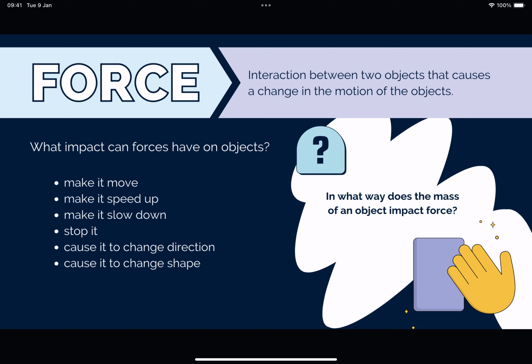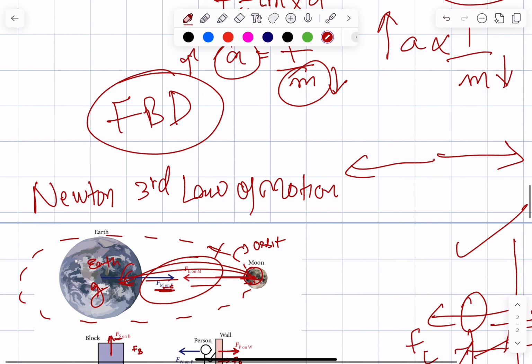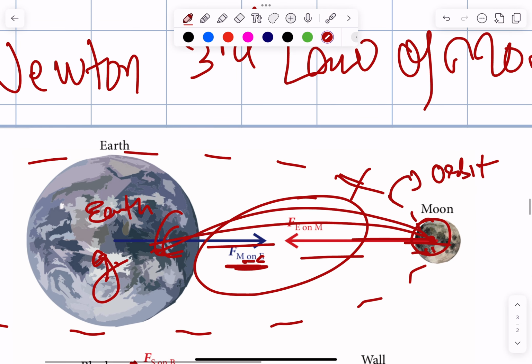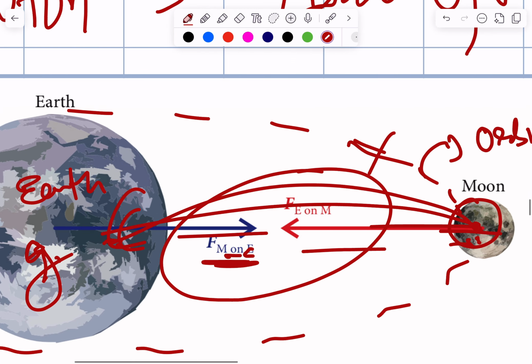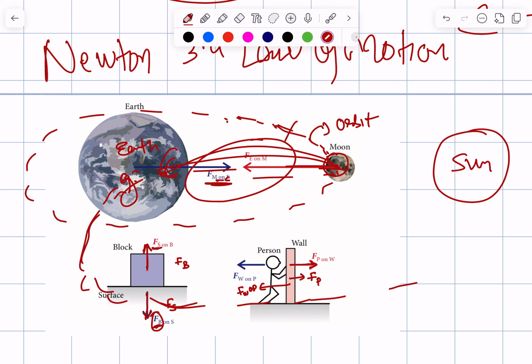Why is there a specific distance between the Moon and Earth? Because it's nature, and science can prove it for sure. As I told you, there is an orbit here, and in the same way, if this is the Sun, then Earth is also moving around the Sun in an orbit, and this is designed by nature.